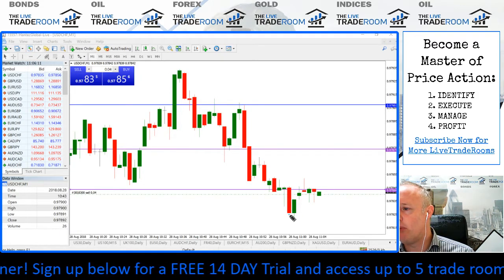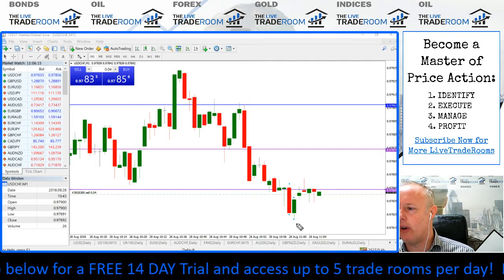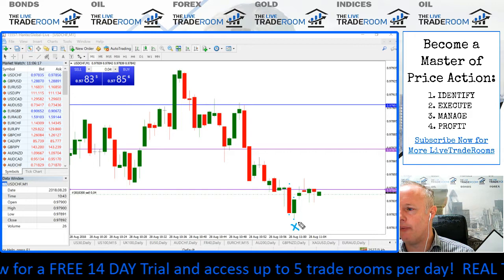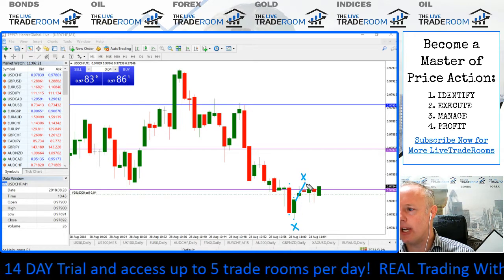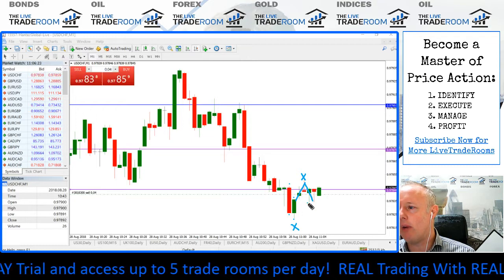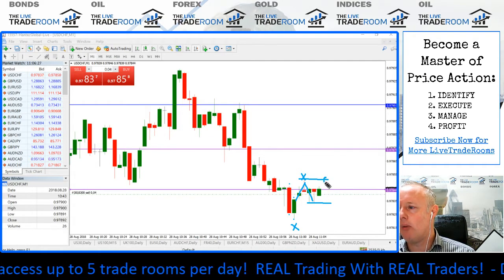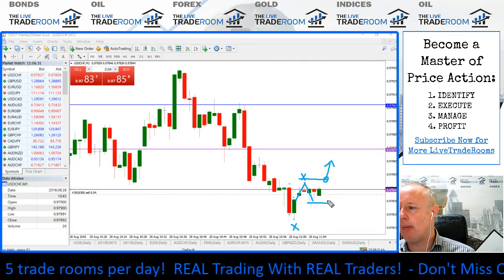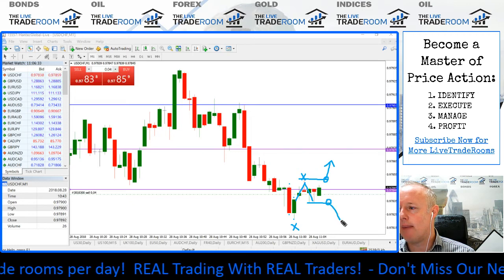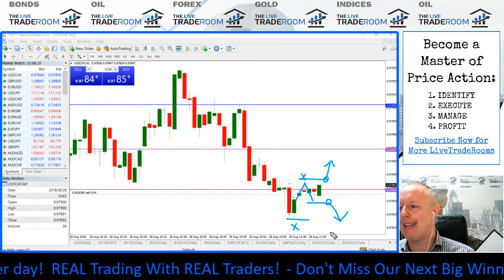We've closed below that level, and now we want to see, do we get the follow through, and actually we don't. We've had the pullback, we've had the exhaustion to the upside, and now we're interested to see, do we get a break of this high, and do we get a little mini structural failure back to the upside, or do we get the momentum start to kick in, and do we break these lows and continue on the way down?